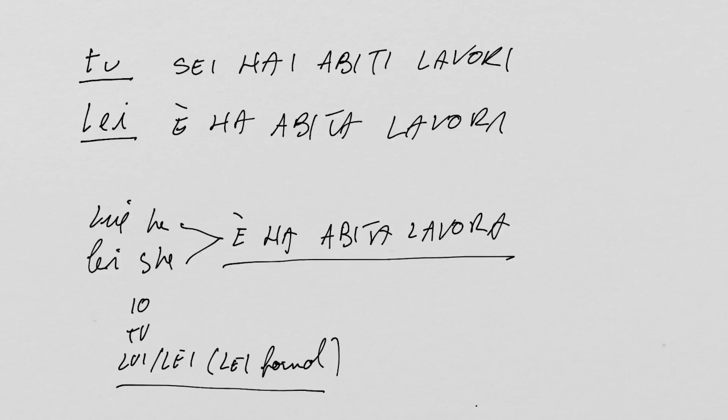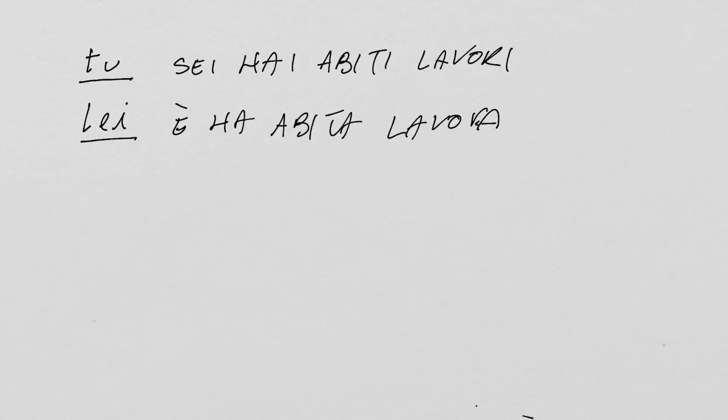So io mangio, tu mangi, lui, lei, and lei formal, so he, she, and you formal, mangia. So you already know the forms for lei.